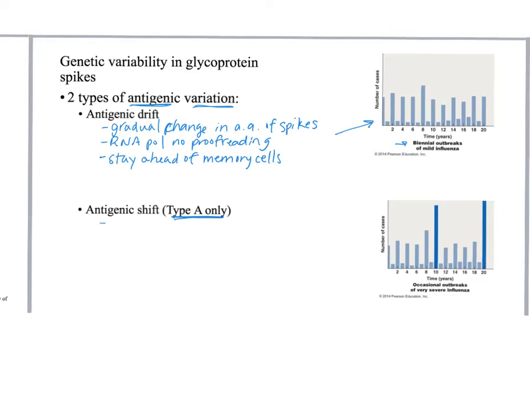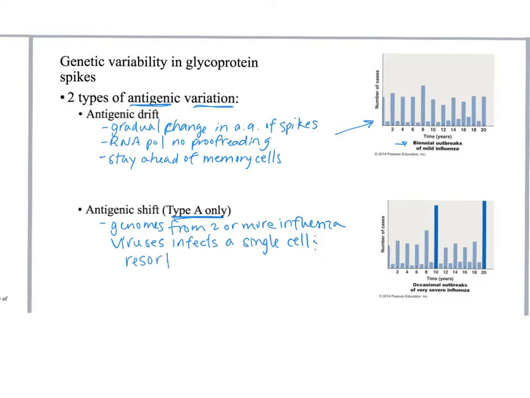Okay, so this happens when the genomes from two or more influenza viruses infect a single cell. And then they kind of switch around a little bit. They reassort.